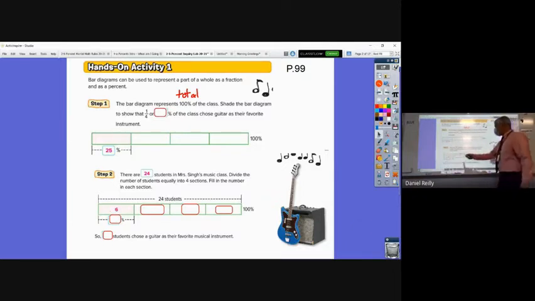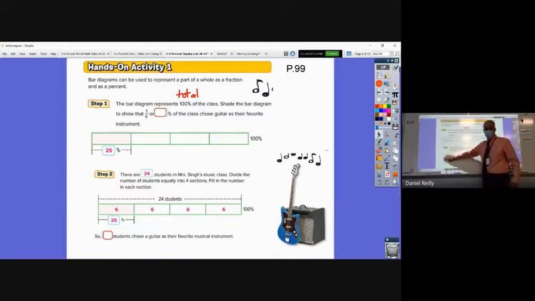Okay, so each block here, each piece of this strip is 6 students. That means that each box that's 25% is the same as 6 students. So 25% of the 24 students in the class is 6 students that choose guitar as their favorite instrument.